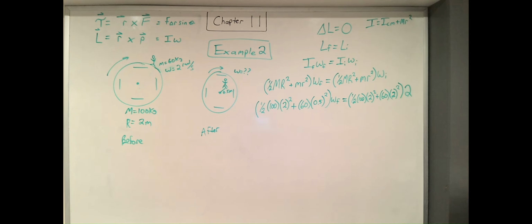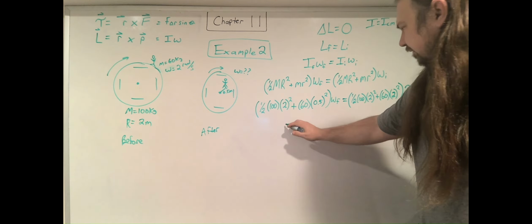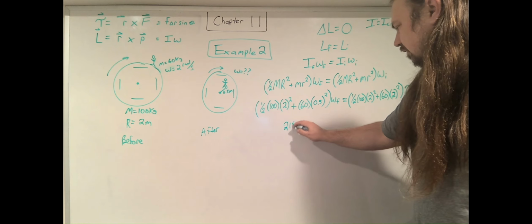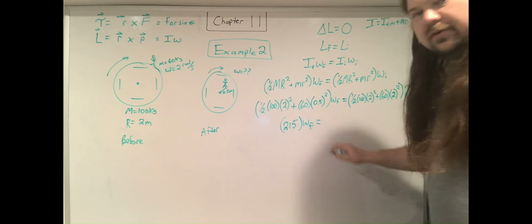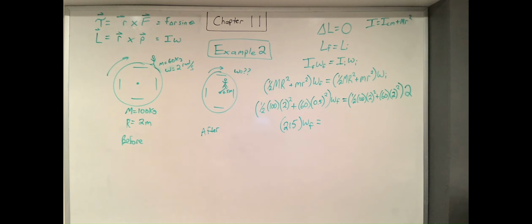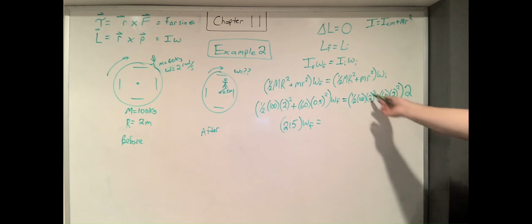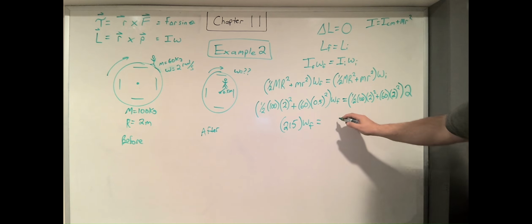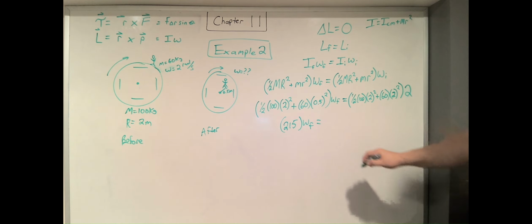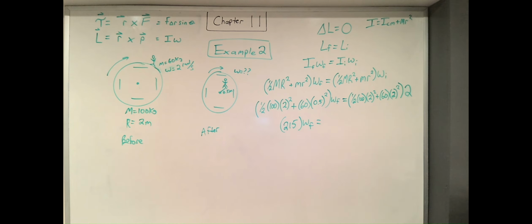So we have 200 plus a quarter of 60, which is 15, so 215 omega f. And then on the other side, we have, again, 200, but that one's 6 times 4, so another 240. So 440 times 2.